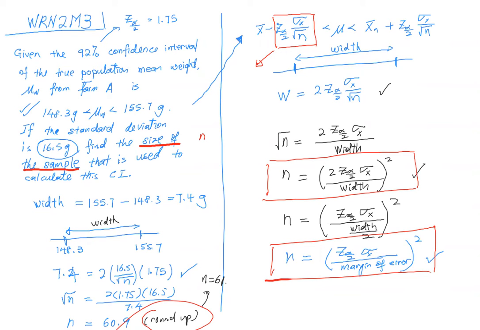So if you want the margin of error to be smaller, then your sample size should increase. Am I right? So that is how the sample size affects the margin of error or the width. Are you okay?